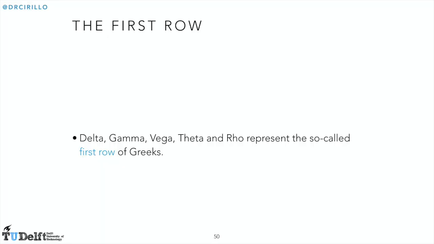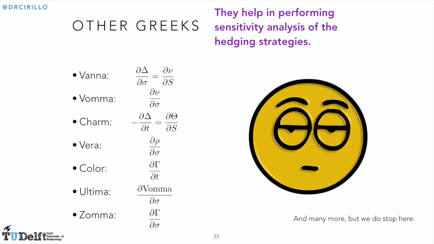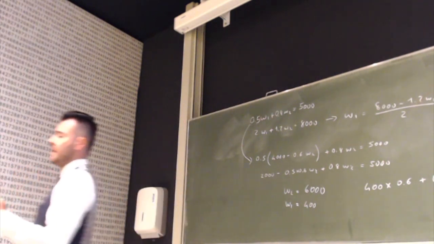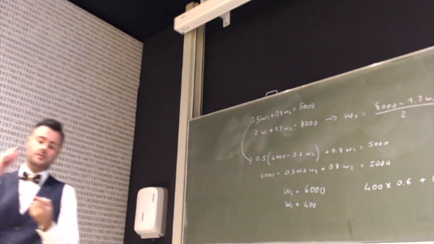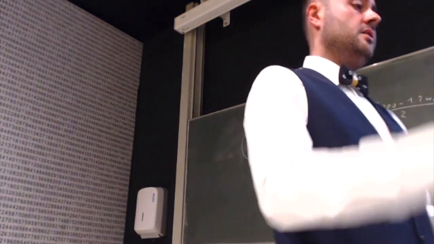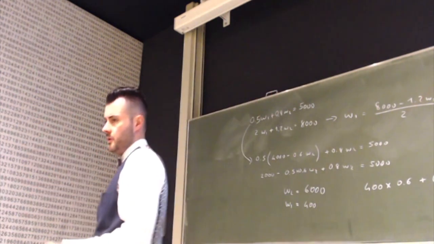So delta, gamma, Vega, theta, rho are the so-called first row of the Greeks. There are many, and it is extremely boring to recall all of them, but you can already see that I can start taking all the derivatives I want. I can take the third derivative, joint derivatives, the derivative of a derivative, the partial derivative of a derivative, whatever I want.